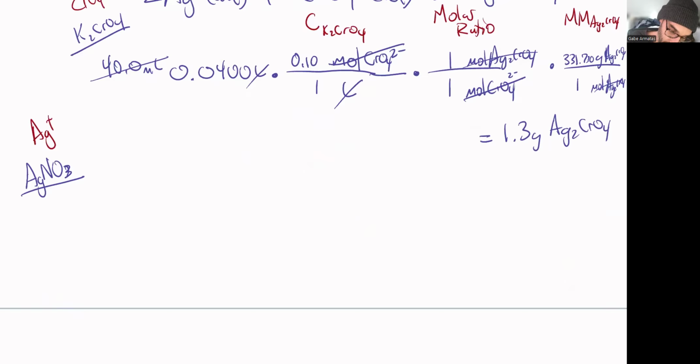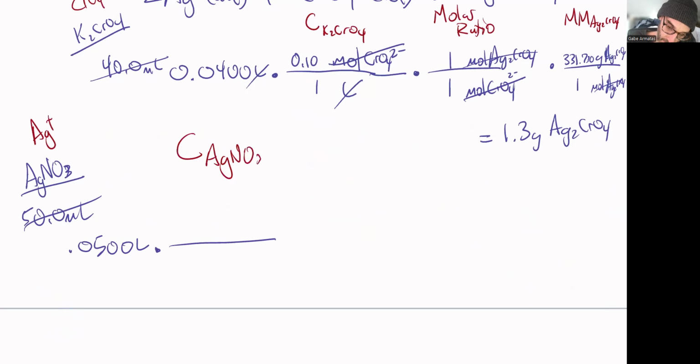50 milliliters. Of course, we're going to talk about this in liters. So 0.0500 liters times a fraction. Again, I'm going to need the concentration of my silver nitrate here because I want to figure out moles of silver.